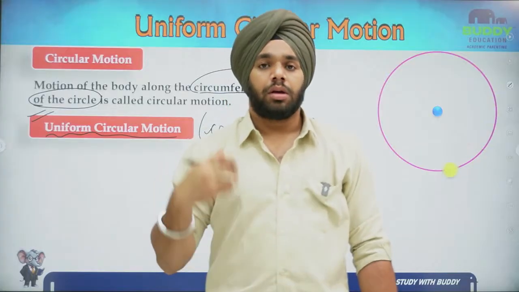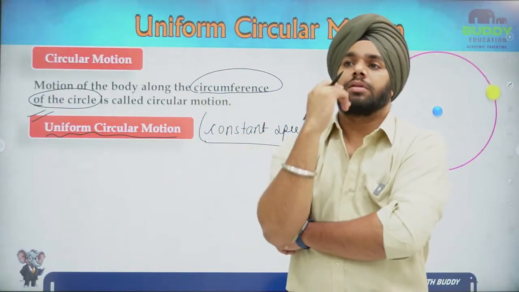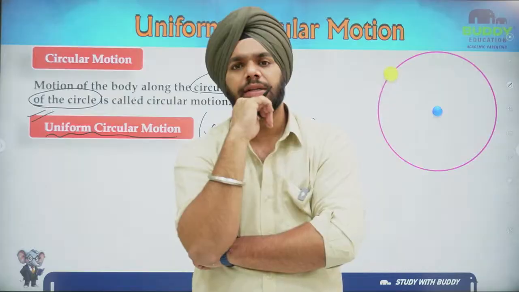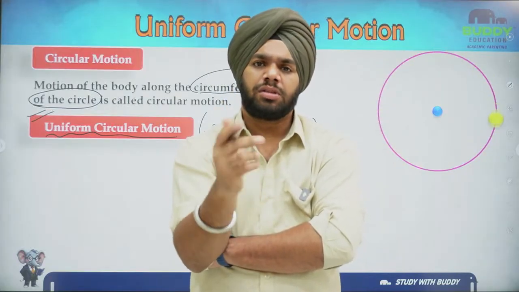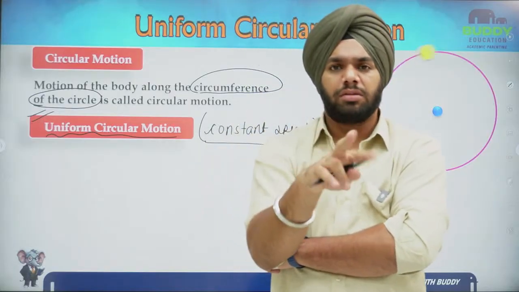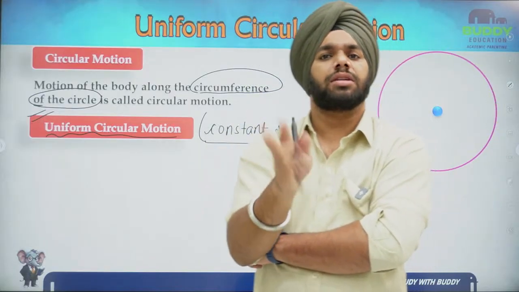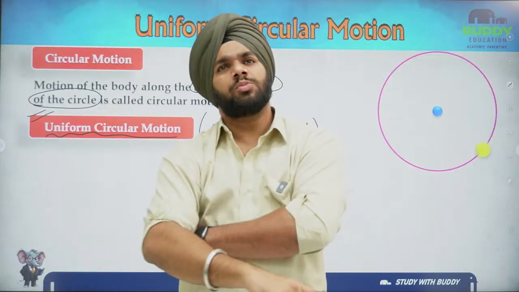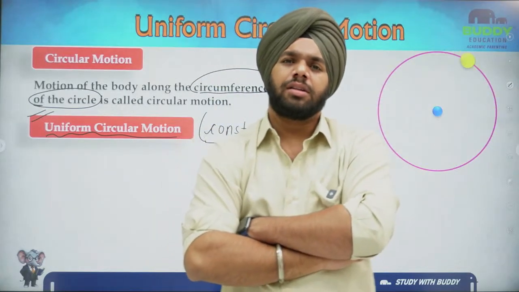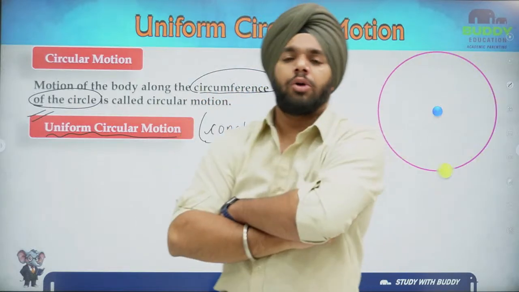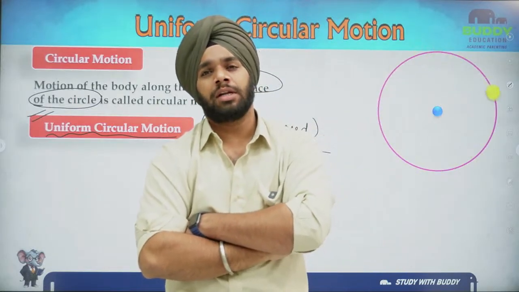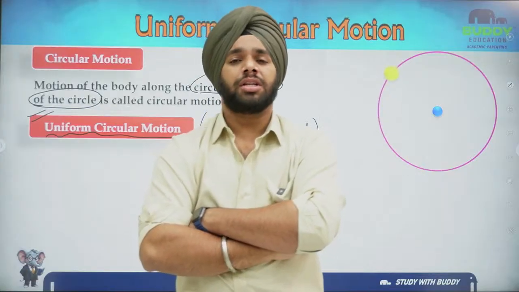Now again a point will come: sir, speed is constant but velocity is continuously changing. These two statements seem not directly consistent with each other. If a particle is moving with a constant speed, then how can we say that the velocity is continuously changing?